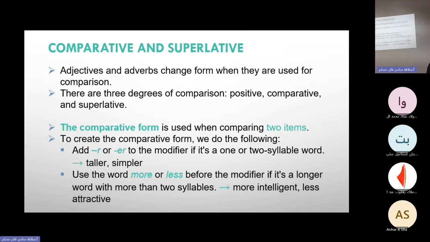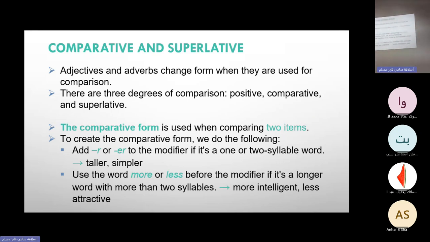These I will go through quickly because you know them: the comparative and the superlative. For comparison we use adjectives and adverbs. Okay. There are 3 degrees of comparison: positive, comparative, superlative. The comparative form is used when comparing 2 items only, two things or two people. We use either ER, or more, or less. Okay?